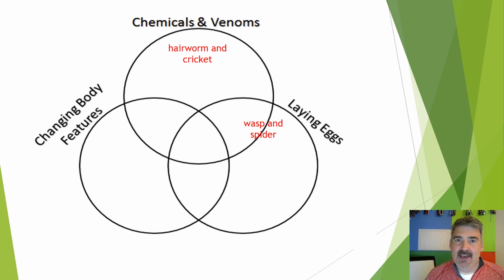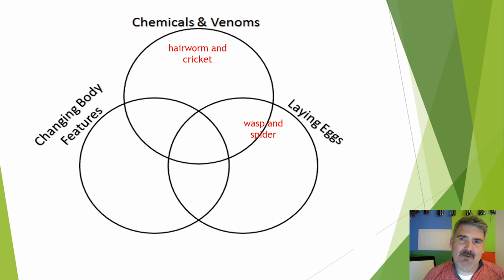So I put wasp and spider where the chemicals and venoms and laying eggs circles overlap. I'm going to make sure that I leave room for additional answers to be added later. I place this parasitic relationship between the wasp and the spider into the space that overlaps chemicals and venoms and laying eggs.